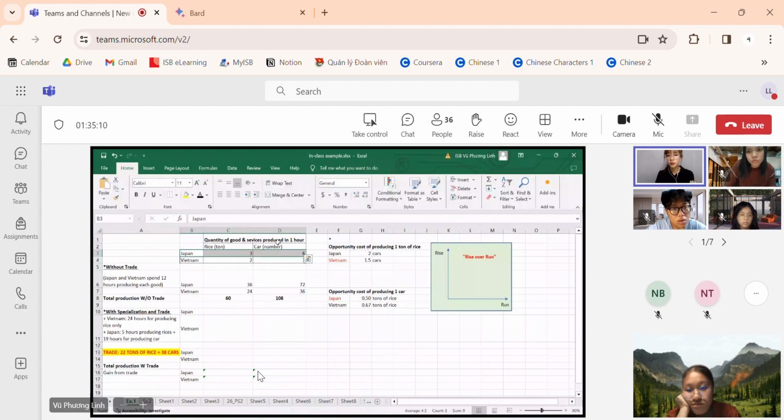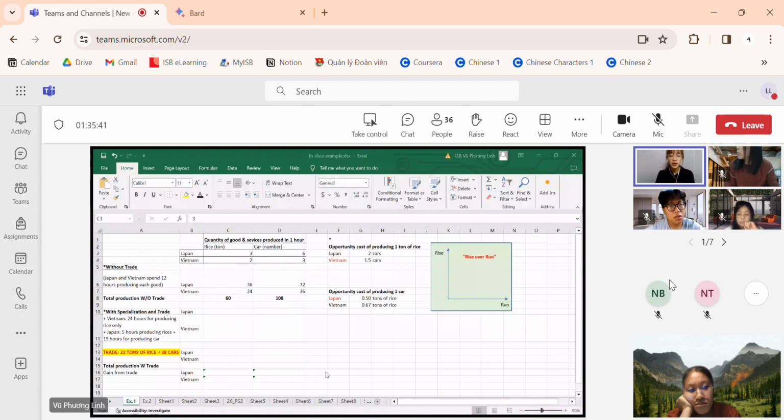In an hour they can produce 6 cars, but they can only produce 3 tons of rice. So the amount of cars that they can produce in an hour is double the amount of tons of rice. If they spend the hour to produce just tons of rice, they will have to give up double the amount, which means 2 cars, or 6 divided by 3. So that's how we calculate the opportunity cost.